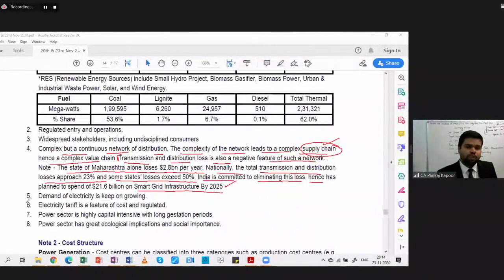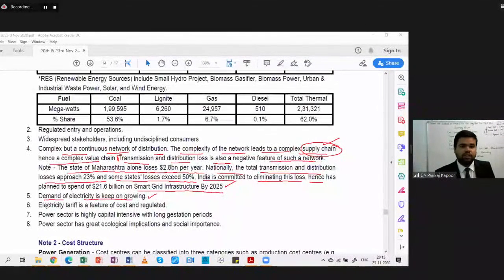Moving further, the next feature: the demand for electricity keeps on growing. The consumption keeps on increasing, whereas the sources which we use to generate power are not increasing. Hence, there will be a situation of deficit in time to come.